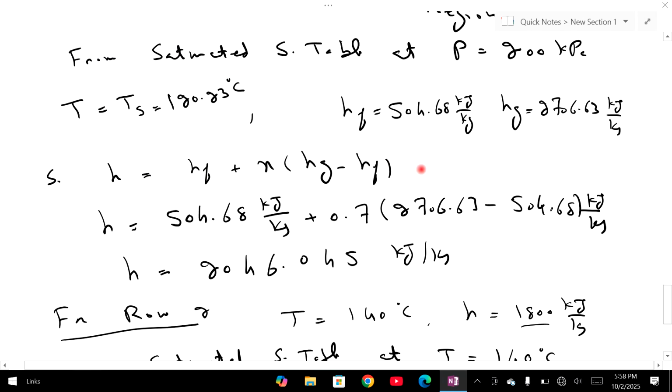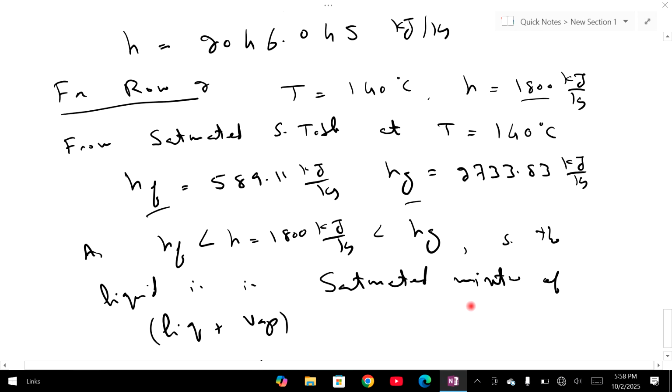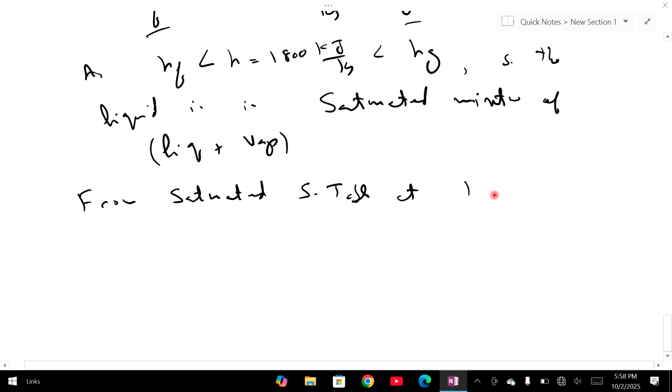So we will use the saturated table to find H and pressure. From the saturated steam table, the temperature is given to us as 140 degrees centigrade.